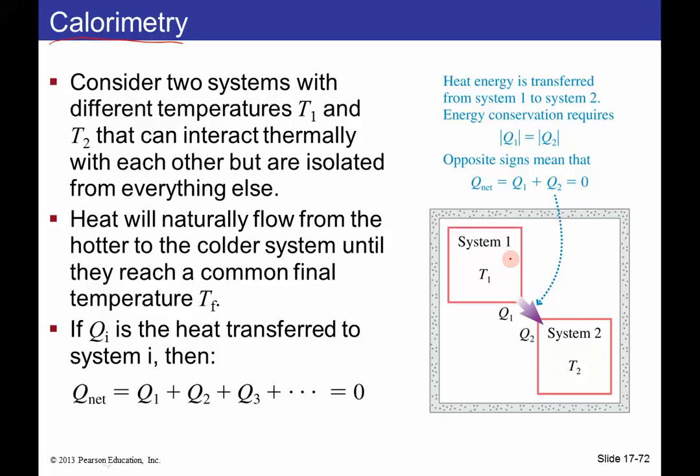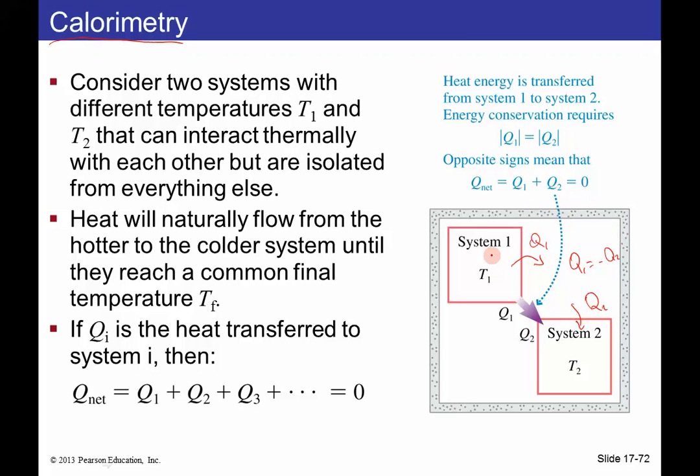So there's going to be some heat leaving T1, that is Q1, and some heat entering T2, that is Q2, and Q1 is equal to minus Q2 because there's no other way that energy can go. So the absolute values of those quantities are the same, and this is the relevant equation.